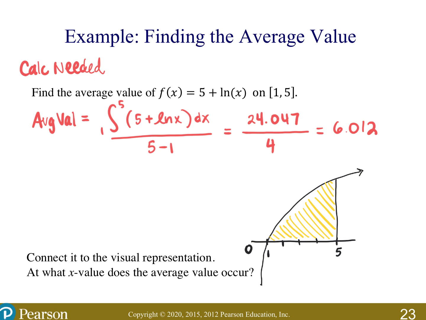What the 6.012 means is that I need to make a rectangle that is 6.012 tall and go straight across. And that rectangle that is 6.012 from top to bottom would have the same area as the yellow. Those two areas are exactly the same.